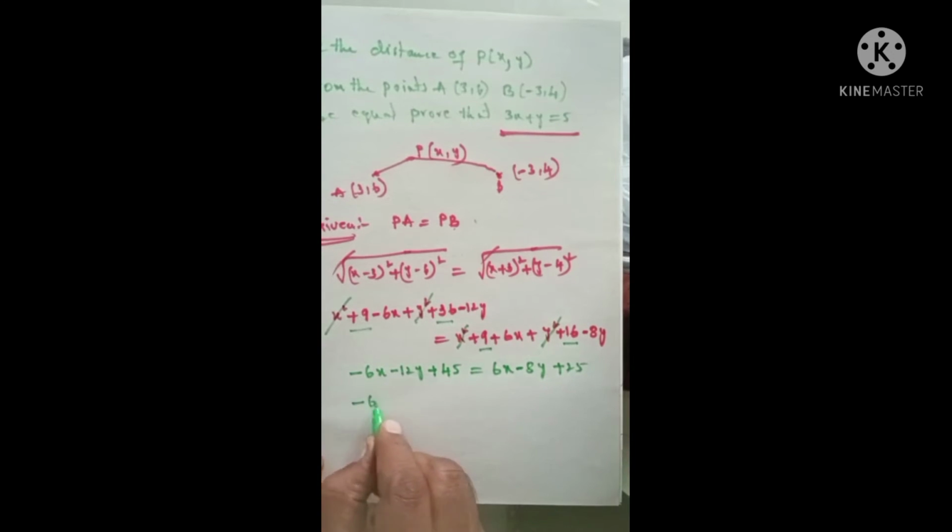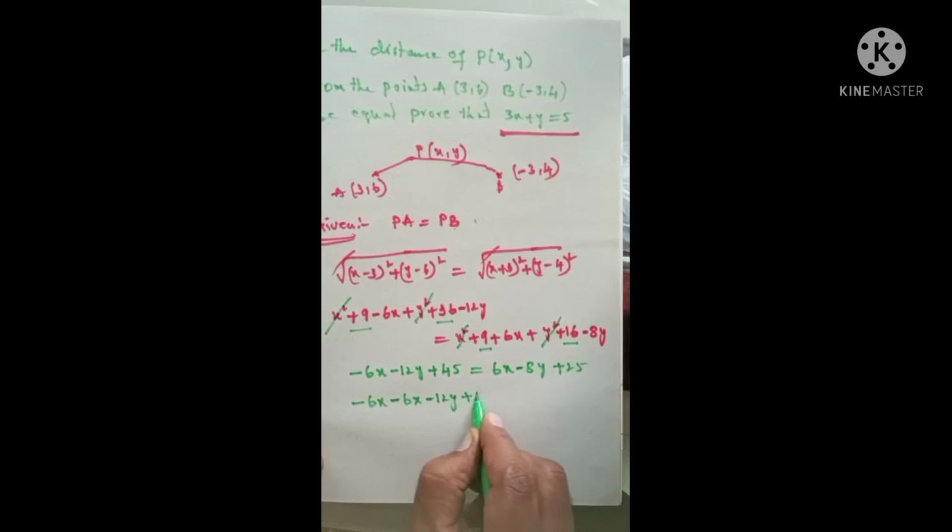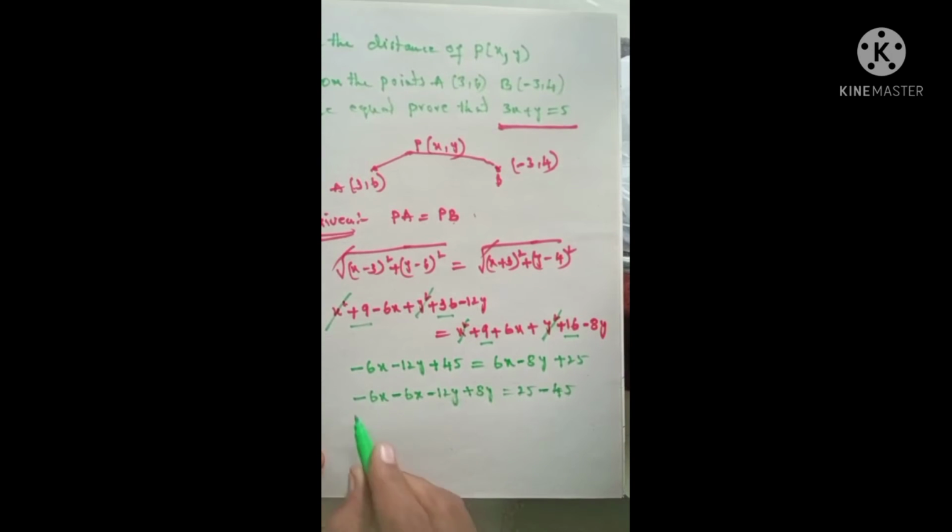See, Nana, minus 6x, you bring 6x to this side, minus 6x, minus 12y, you bring plus 8y, is equal to 25 minus 45. Is it right? Now you see, Nana, minus 12x minus 4y is equal to minus 20.